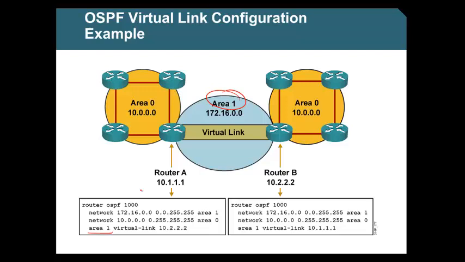So you have to mention that only, not area 0. Which area do you want to appear like a virtual link? Area 1. So you have to say area 1 virtual link and then router B's router ID. Please pay attention.